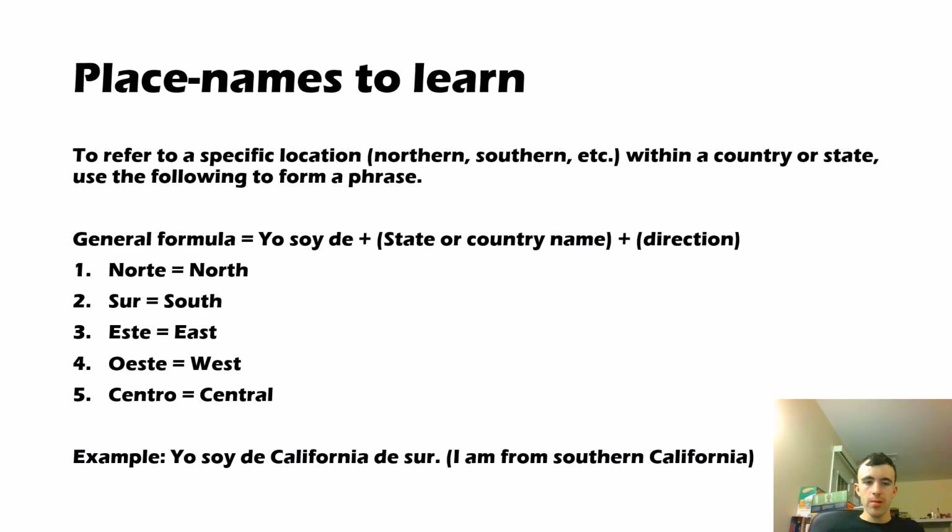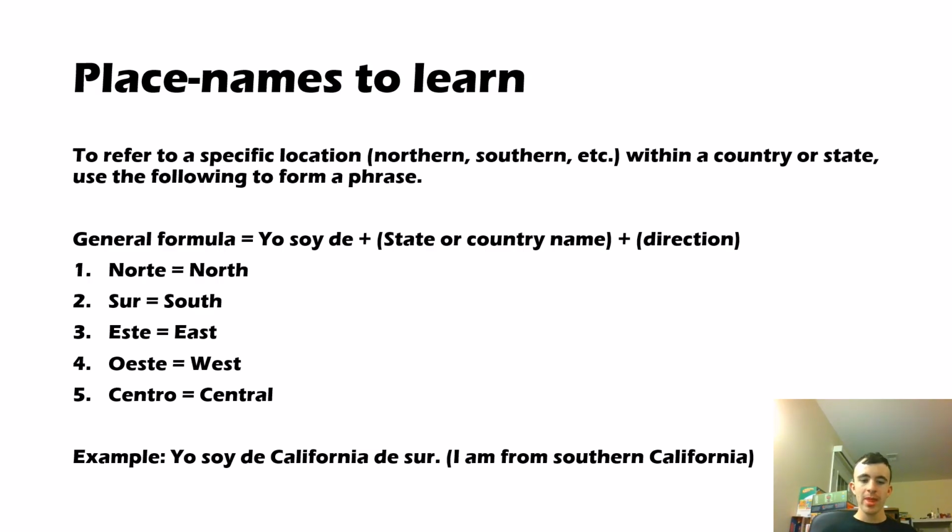So norte means north, sur means south. Those are both pretty close to their English equivalents. Then este is east. Spoiler, it also means this, as in this direction. And then oeste means west.